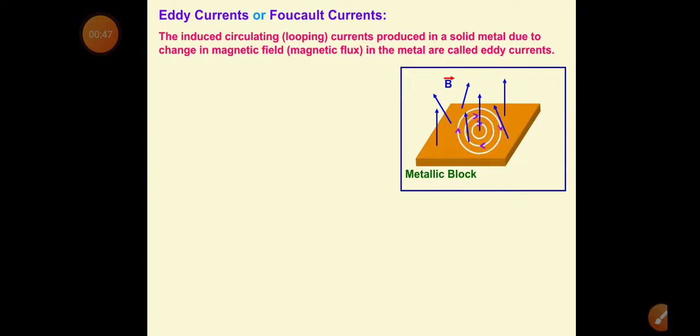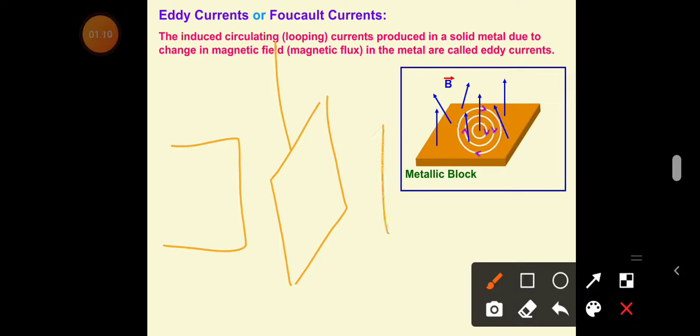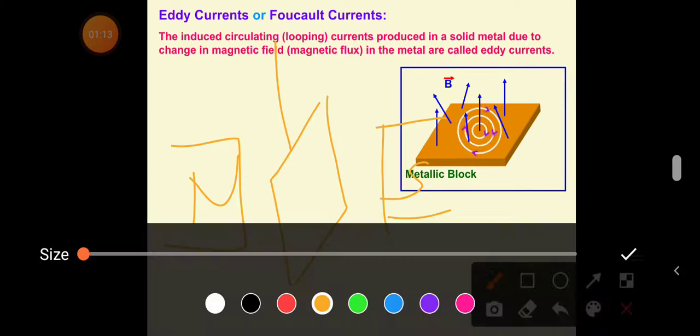Now, as the magnetic flux or magnetic field linked with this metallic block is changing, what will happen here? The free electrons in the metallic sheet start to rotate. In other words, let us say this is a sheet of metal kept in a perpendicular magnetic field, something like this.